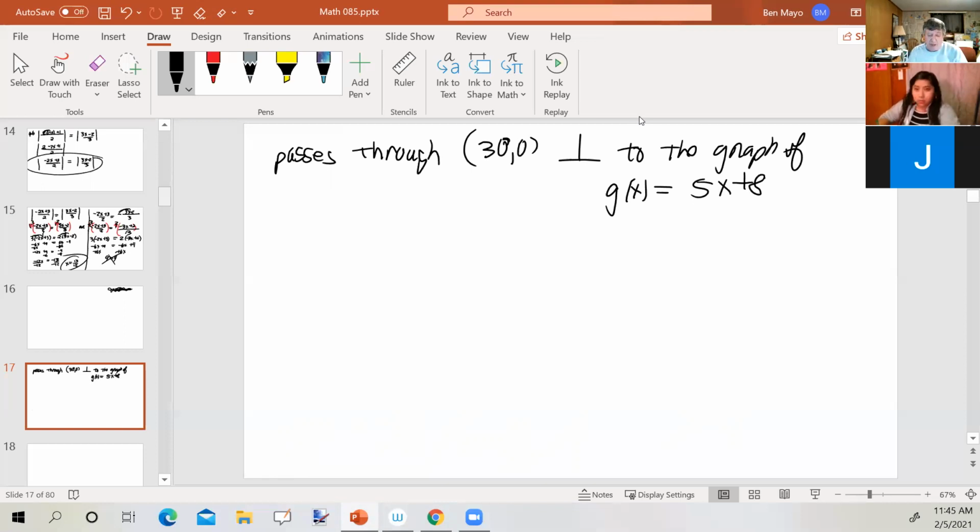Okay, so it passes through the point 30, 0. Now 30, 0, that is the x-intercept, but it's not the y-intercept, so it's not b. It's perpendicular to the graph of g of x equals 5x plus 8.